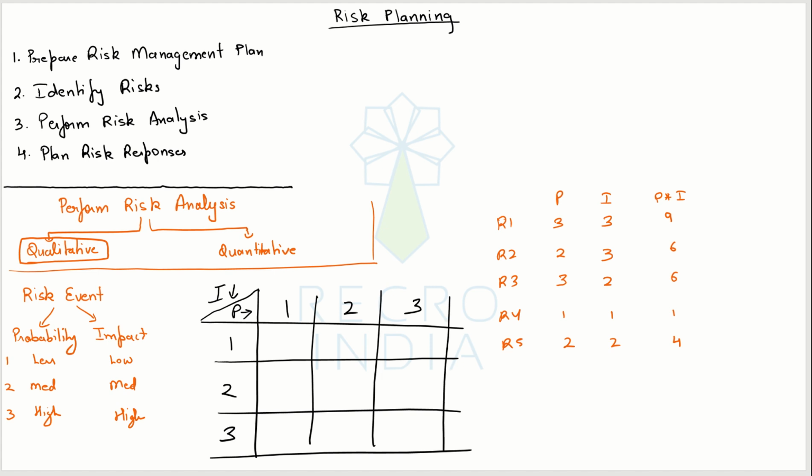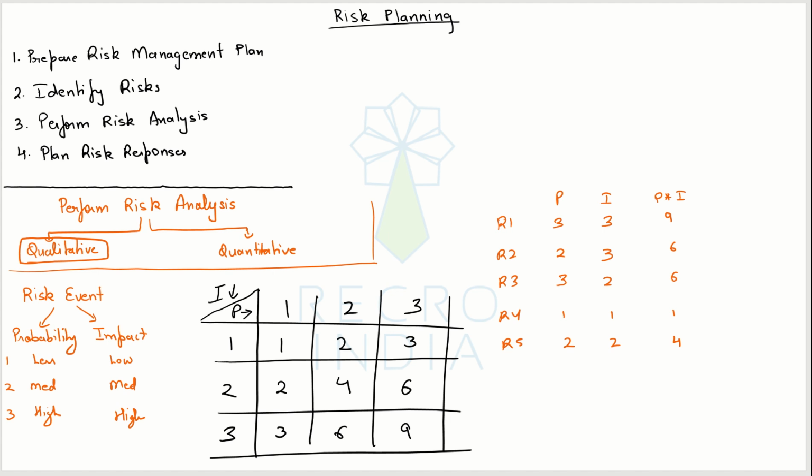Now we will just simply multiply the two scores: 2, 3; 2 multiplied by 1, 2 multiplied by 2, 2 multiplied by 3 is 6, 3 times 3 is 9.